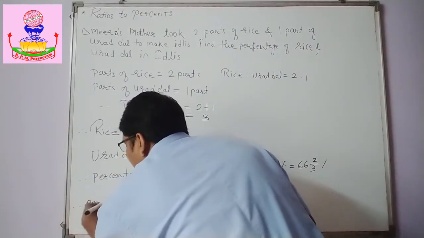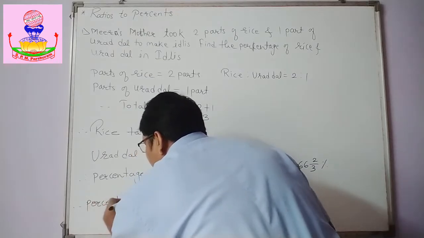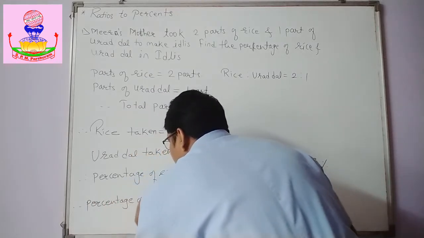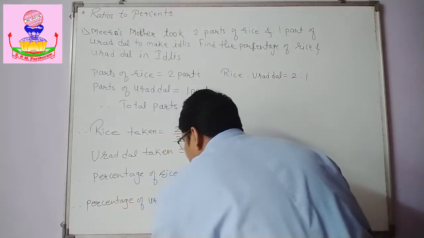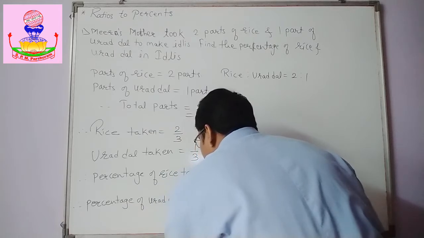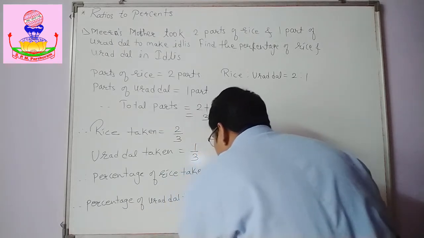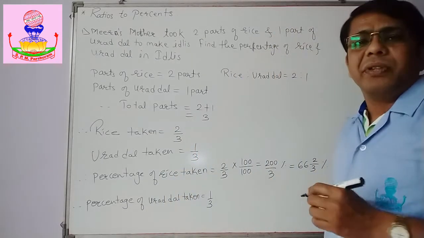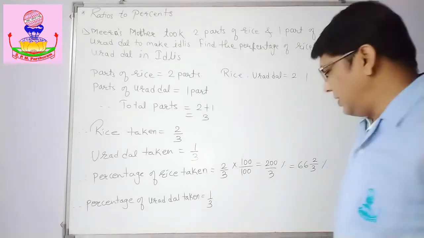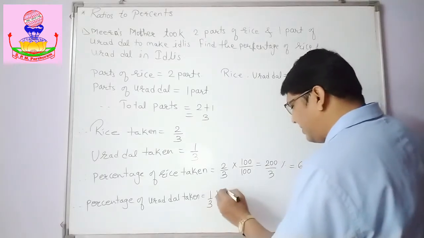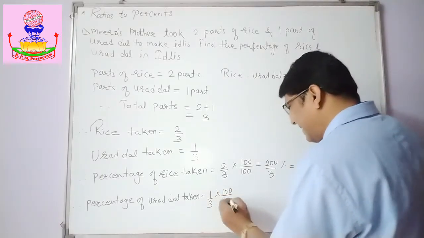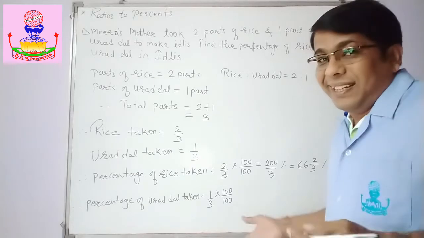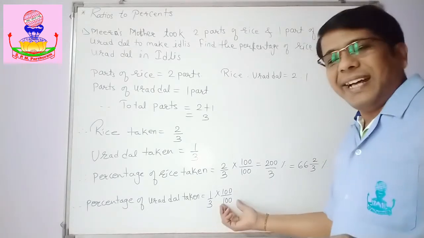Okay. Now, same way. Therefore, percentage of urad dal taken. So that is 1 upon 3. They both were good at percentage. So what did they do? 1 upon 3 into 100 upon 100. Again, these are not divisible, keep this 100 as it is.